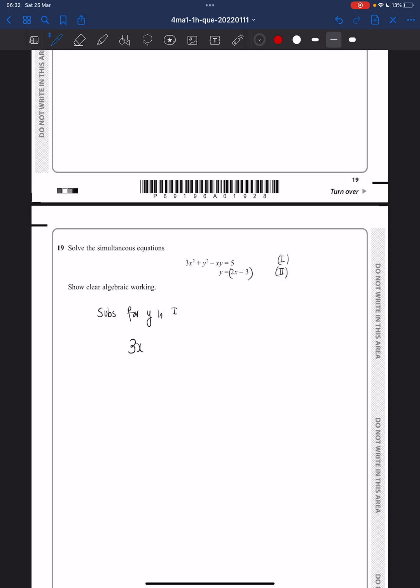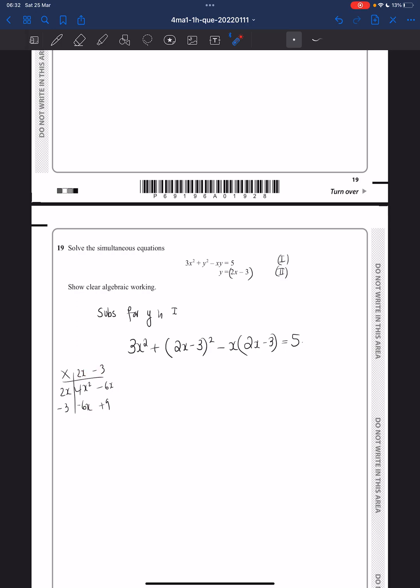So we've got 3x squared plus brackets 2x minus 3 squared minus x times brackets 2x minus 3 equals 5. Okay, so 2x minus 3 squared, 4x squared minus 6x, I'll go through this, minus 6x again, plus 9. 2x times 2x, 4x squared, 2x times minus 3, minus 6x.